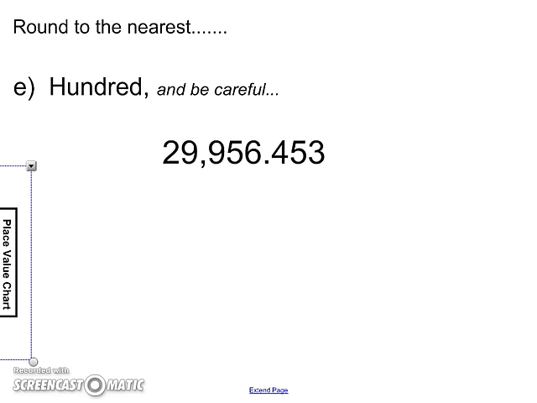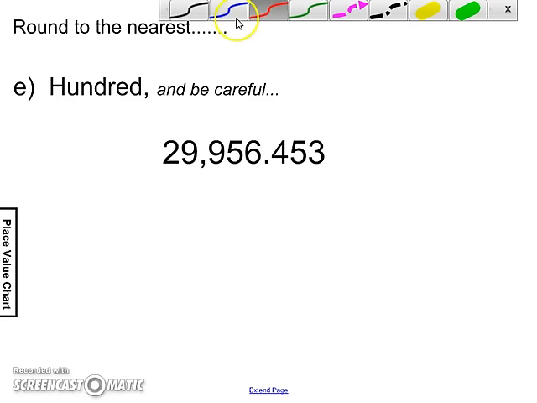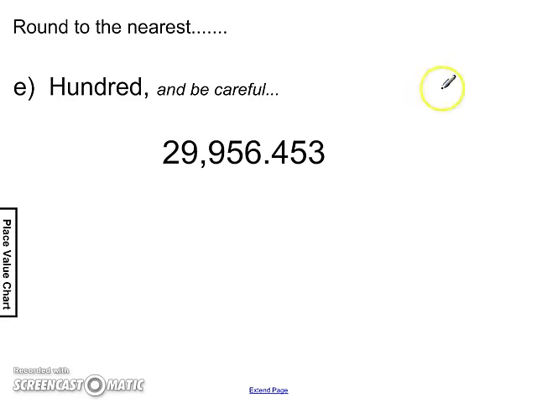Now, one other thing that will happen every once in a while, and I want to bring this up, is there may be an opportunity at times where you have to carry in your rounding. And so in this particular case, we are rounding to the nearest hundred, which this 9 right here is in the hundreds position. So we're going to look at the 5, and well, 5s round us up.